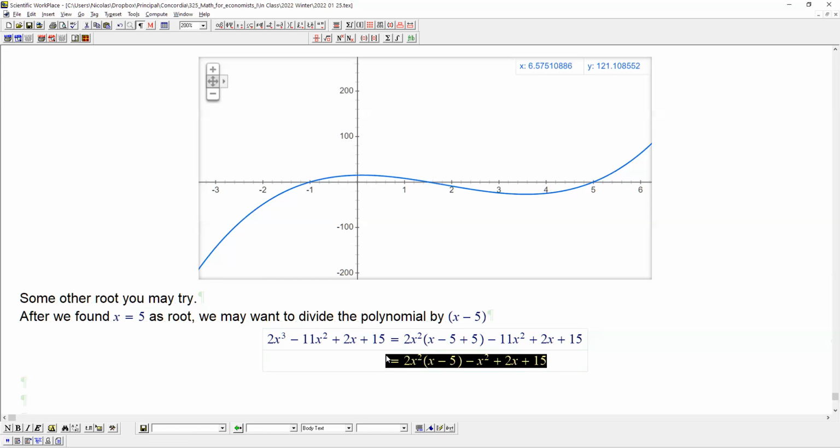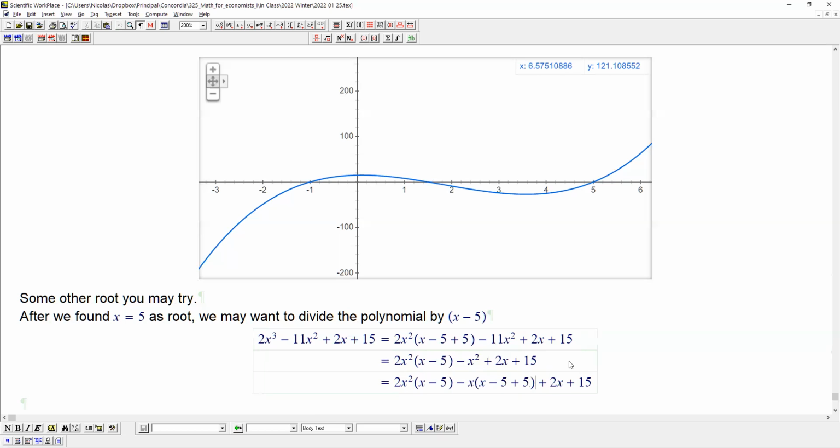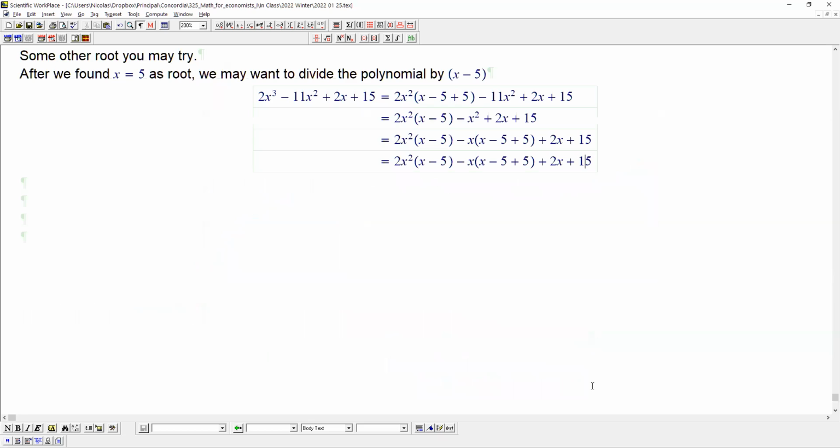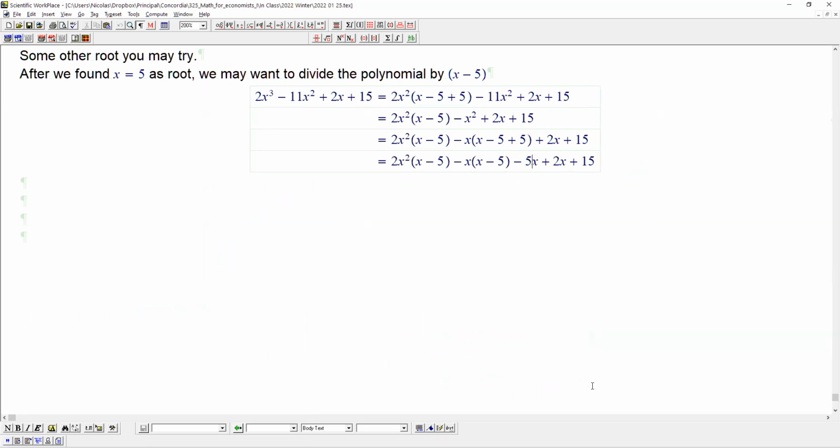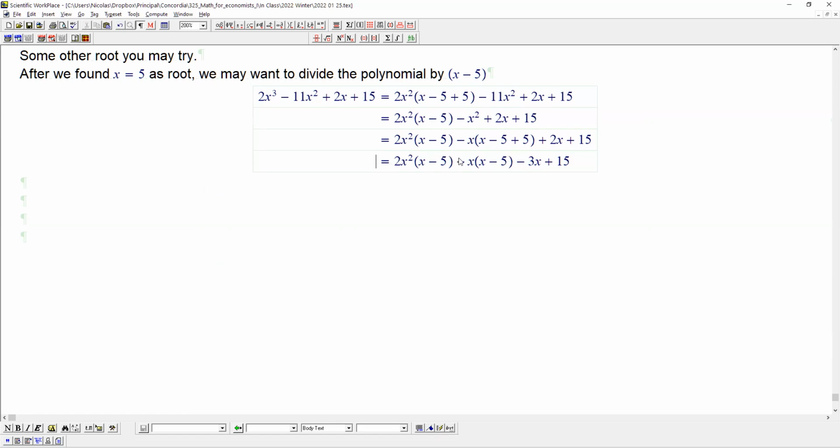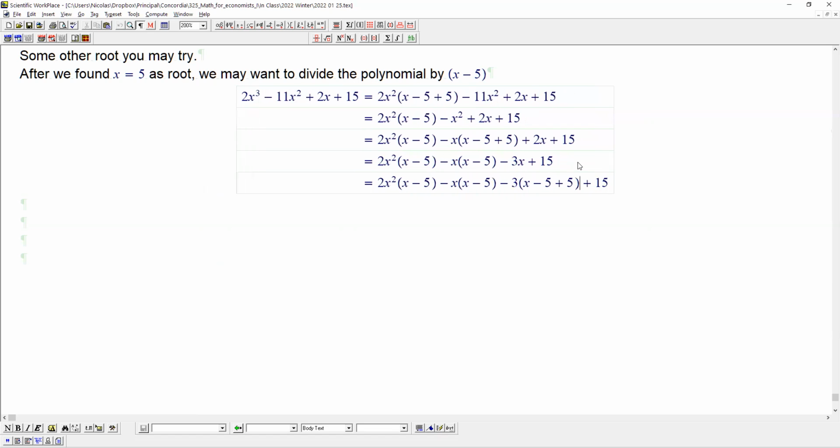And I can do the same. So that's x times x. Here I'm going to say it's minus 5 plus 5. So I don't need that one. So it's minus 5x plus 2x. So that's minus 3x. And here I get x minus 5 plus 5.